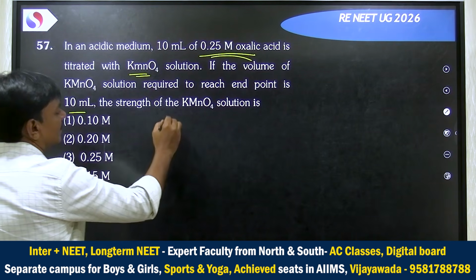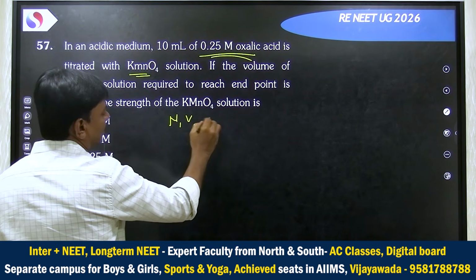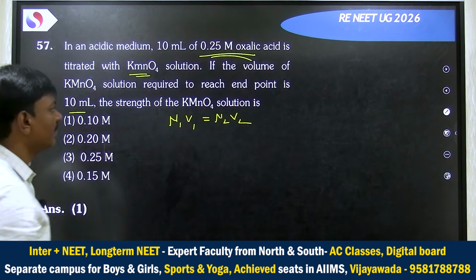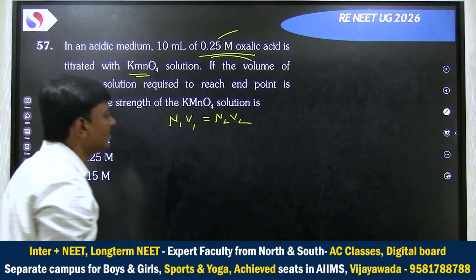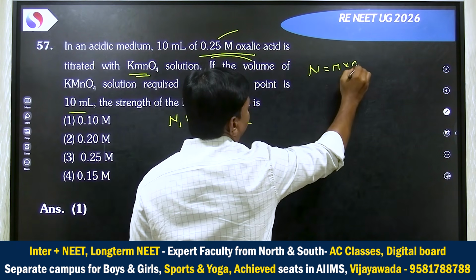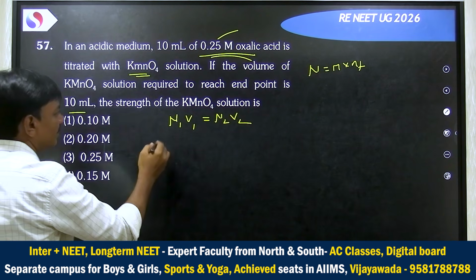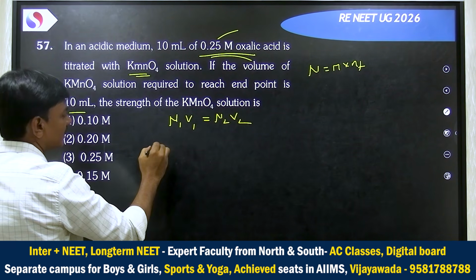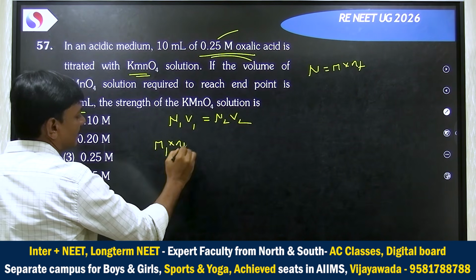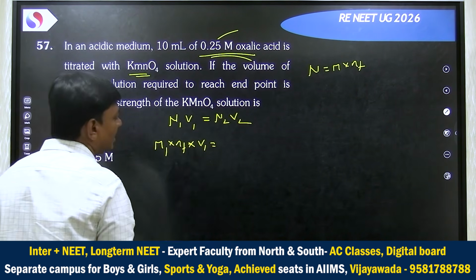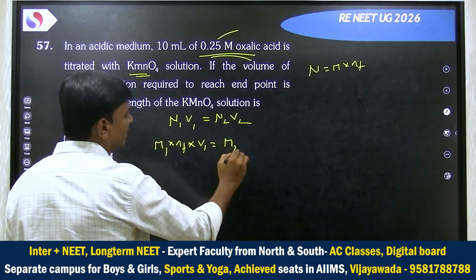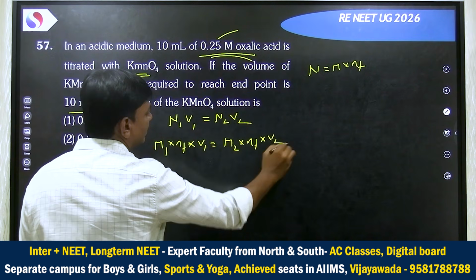So it is a relation between the normalities of the two components: N1V1 equals N2V2. The first one is oxalic acid, but we have molarity given. It is a relation between normality and molarity: normality equals molarity into n factor. So we put into the normality formula the molarity of oxalic acid M1, its n factor and its volume, and the normality of KMnO4, which equals the molarity of KMnO4, its n factor and its volume, right?